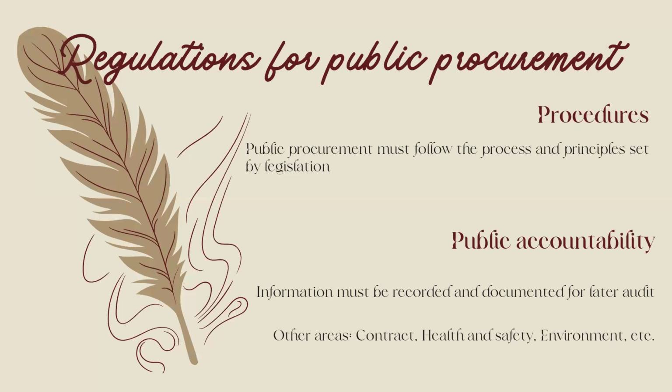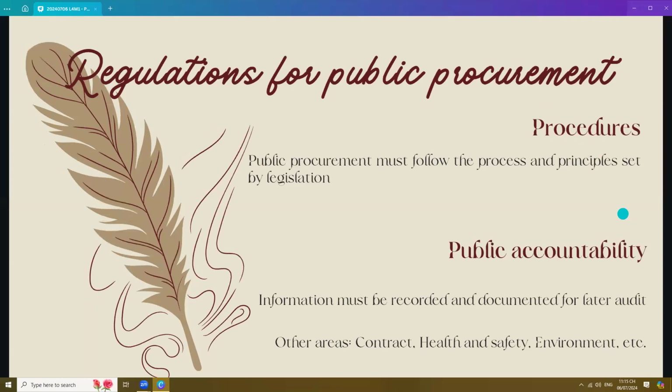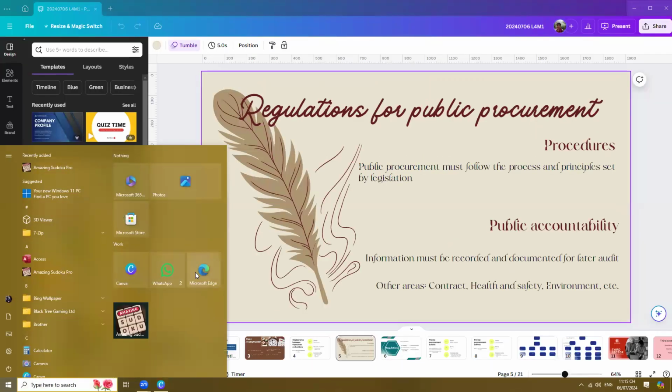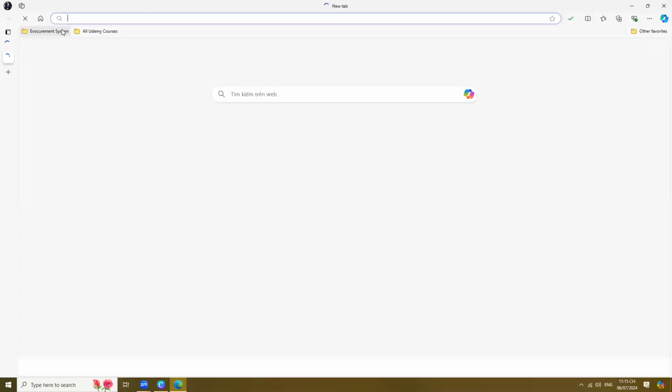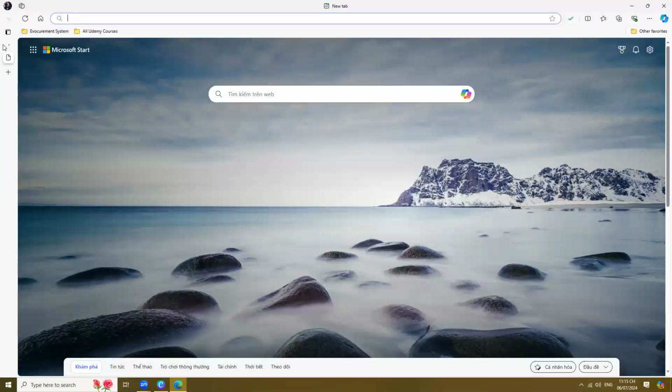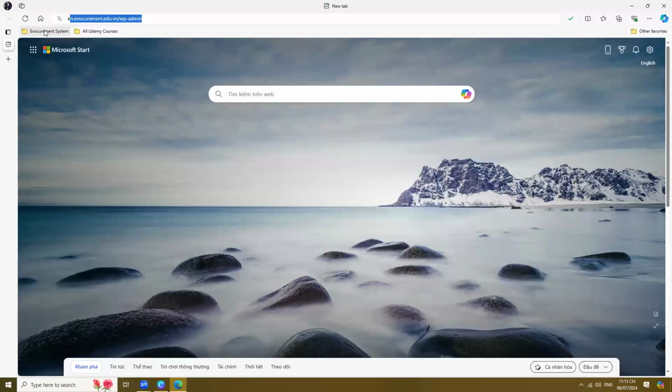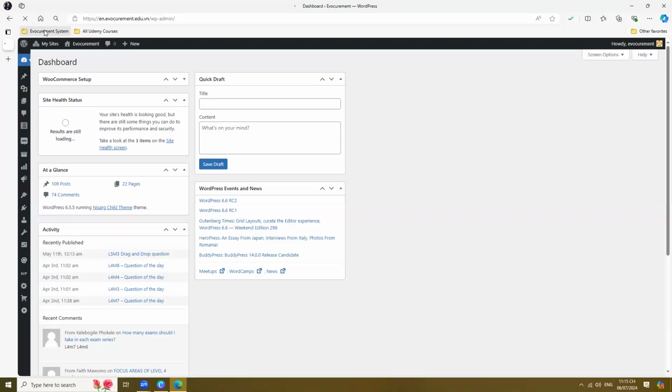Okay, let me check my table. As you know, on our website we have published a table of the most recent exams, so the topics of the most recent exams in L4M1 and L4M8.